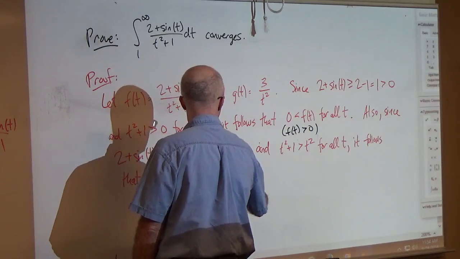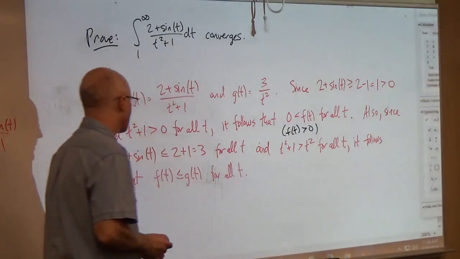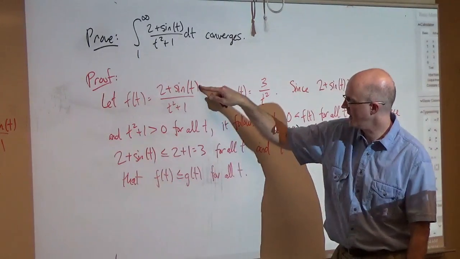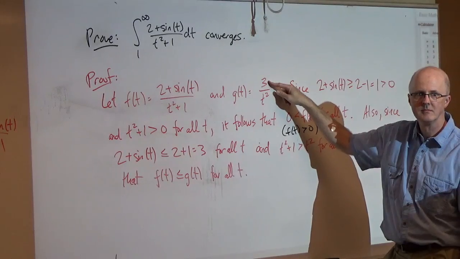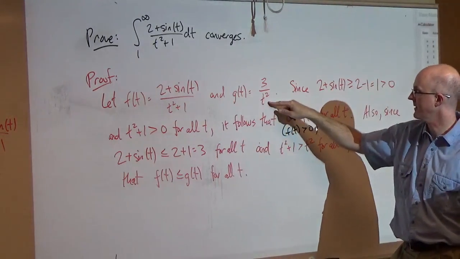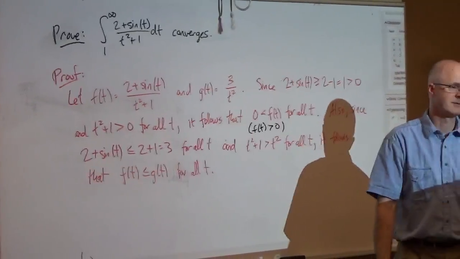I know this is kind of long-winded, but I'm trying to get every detail in there. Why does that follow? Well, the numerator of f is less than or equal to the numerator of g, and the denominator of f is greater than or equal to the denominator of g. If you divide by a bigger number, you get a smaller number.